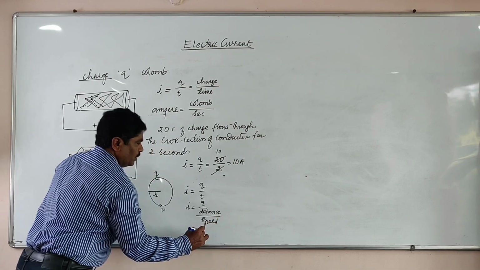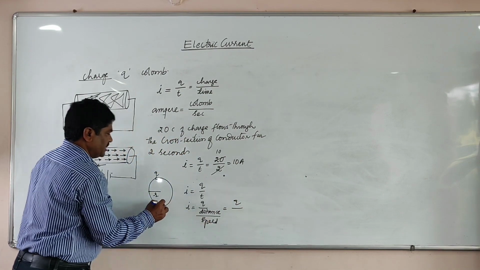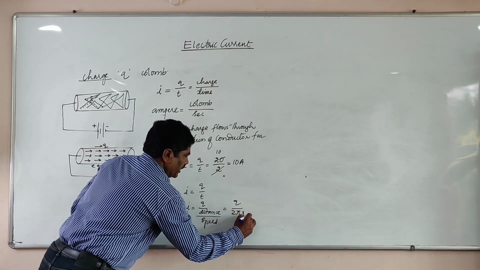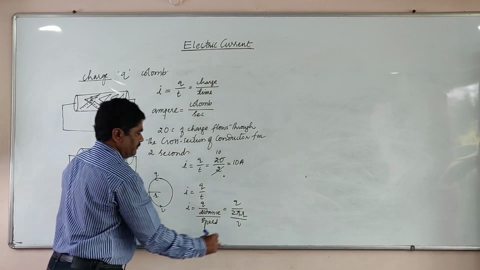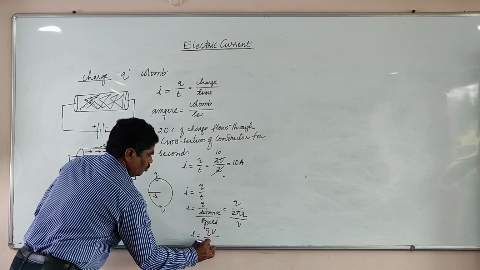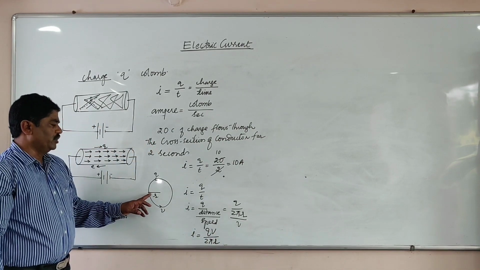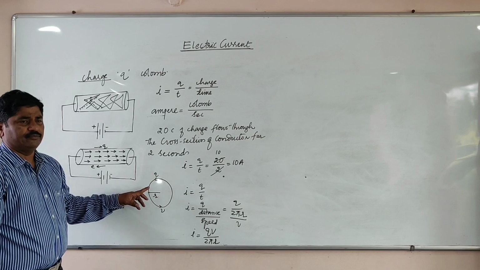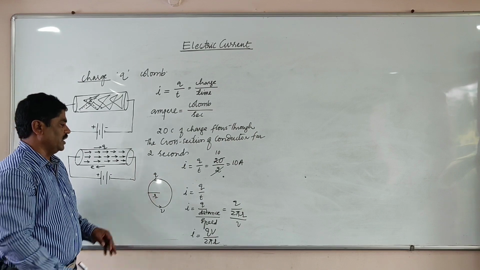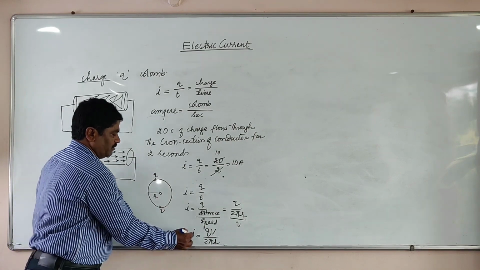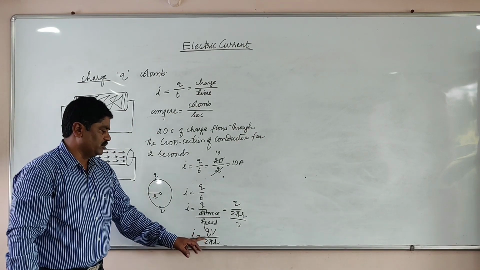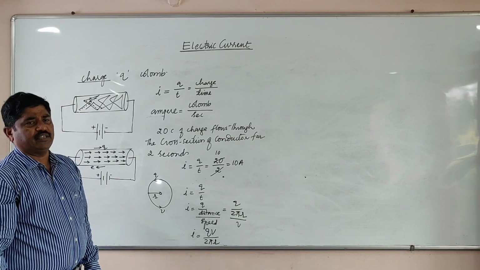So Q by the distance traveled by the electron around the circle, which is 2 pi r, divided by the speed of the electron v. Therefore I is equal to Qv by 2 pi r. Even by knowing the radius of the circular path in which the electron is revolving, you can find out the electric current produced by that electron: I is equal to Qv by 2 pi r.